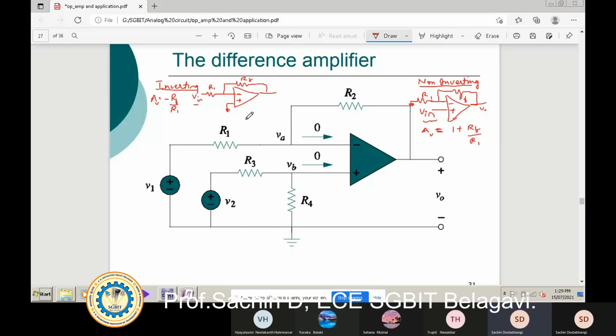Now if you compare both, if I give input voltage V1 and make V2 to be 0, then the voltage at this point will be 0. It is as if you are not connecting any R3 and R4, so the current supplied will be 0 and the voltage across R3 is 0. So in this case your circuit looks like an inverting amplifier.